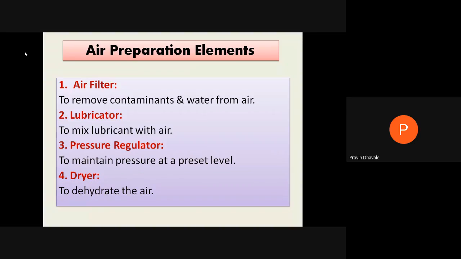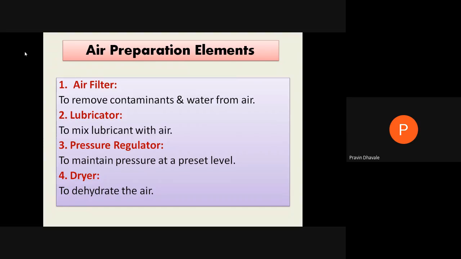It must have some amount of lubricant with it, and it must be free from moisture, right? Such conditioned air you have to supply to the pneumatic system in order to increase its life and its reliability, right?